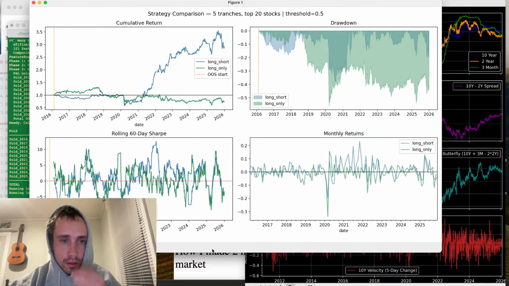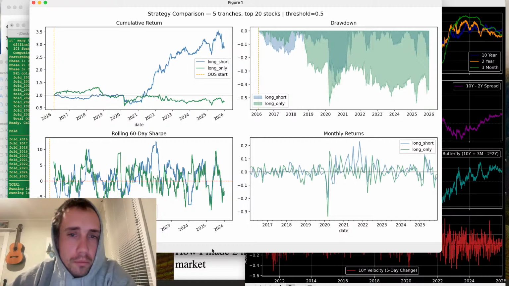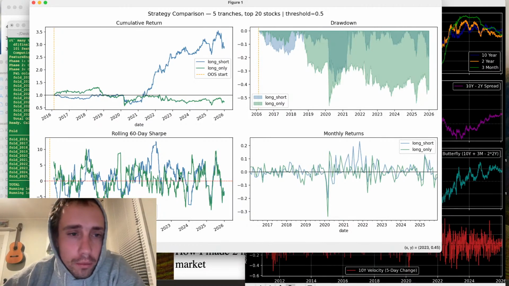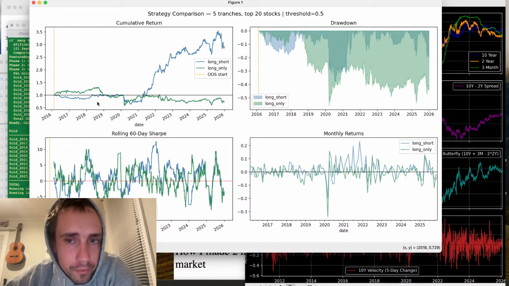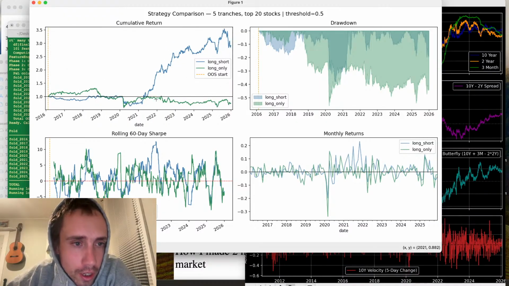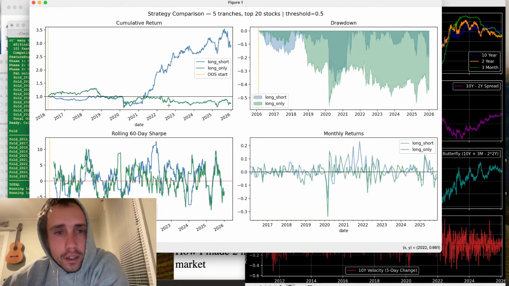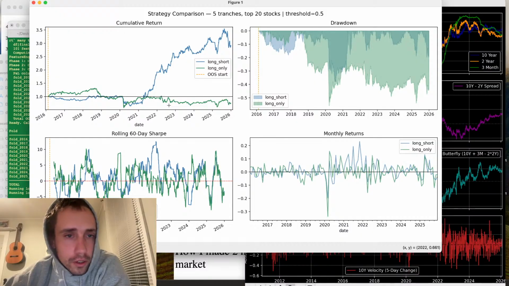Oh, this was what I had in my PowerPoint. So I'm trying two strategies because I have a Roth IRA, and in a Roth IRA you can't short anything. So I don't want to be shorting things. I am getting really good returns on the long short strategy. Long only strategy is losing money, so I'm not even going to think about that right now. I'll focus on implementing this not in my Roth IRA.